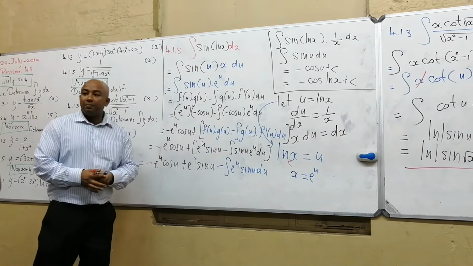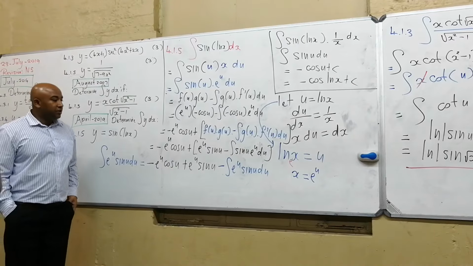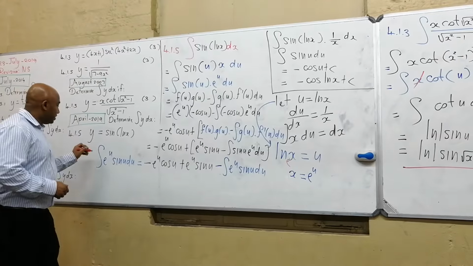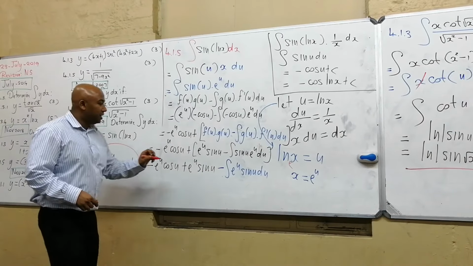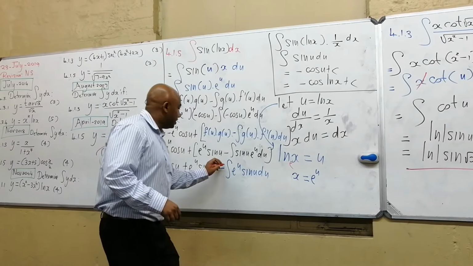So integration by parts, special case, after you use the formula twice, what do you notice? That these two are the same. Can you see that? Whenever you multiply exponential times your trig function, integration by parts is a special case where we use the formula twice only. After using it twice, you notice you get back to the question.